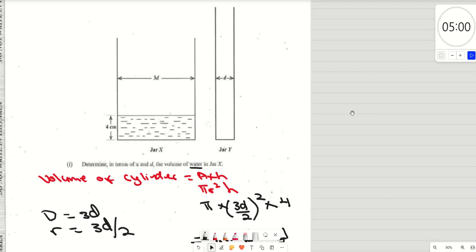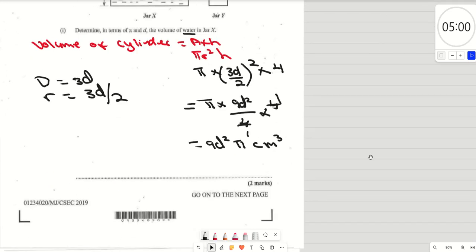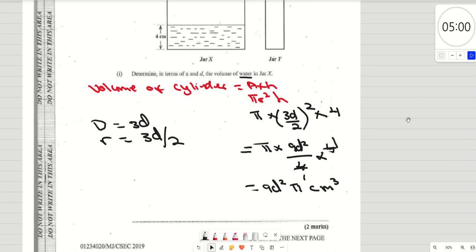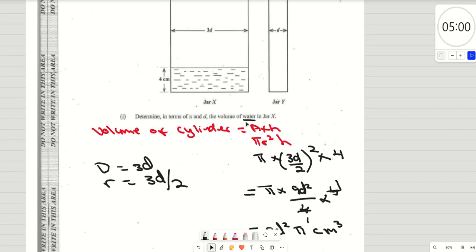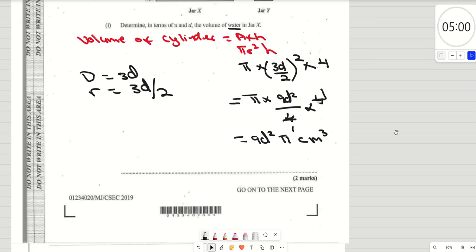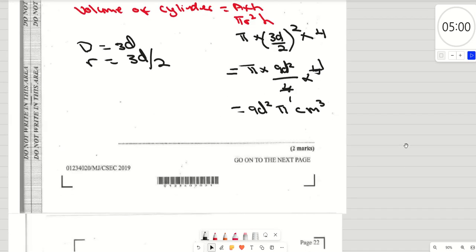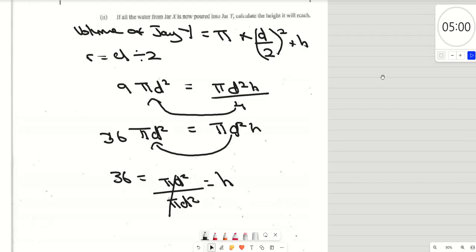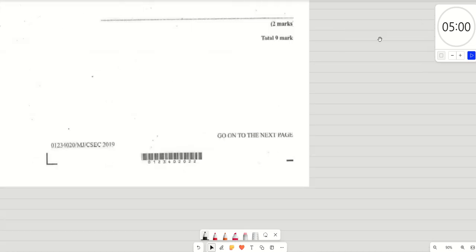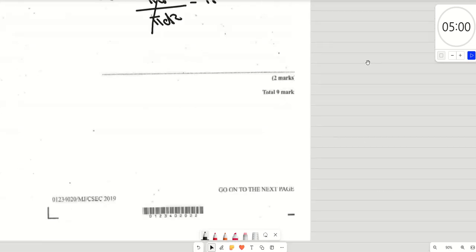You're just taking that water and giving it to this new measuring cylinder. So the volume does not change. What does change is the height, as well as the cylinder itself. And that is the end of May-June 2019.